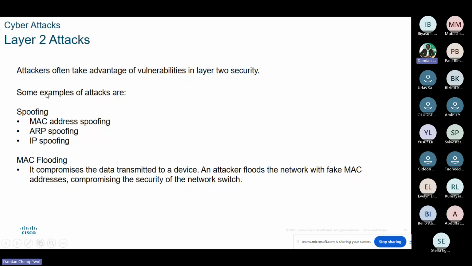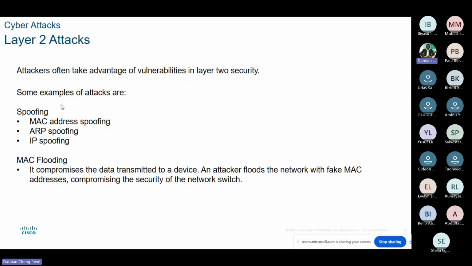For layer 2, you have MAC address spoofing, ARP spoofing, IP spoofing. I hope you know this. I wouldn't want to go into detail, but I pray that you know this because it's important.